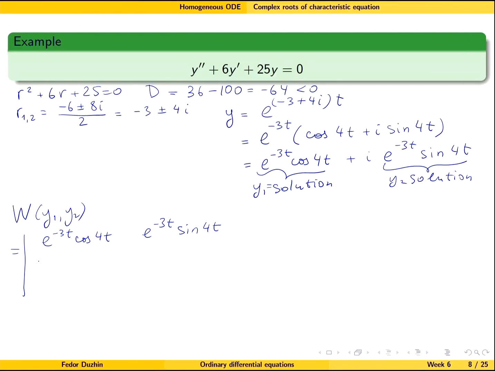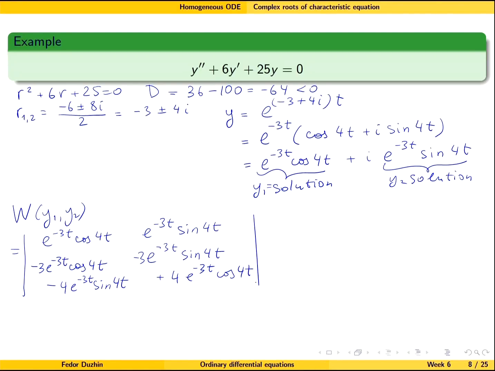The derivative of y1 is minus 3 e to the minus 3t cosine 4t minus 4 e to the minus 3t sine 4t. Now the derivative of y2 is minus 3 e to the minus 3t sine 4t plus 4 e to the minus 3t cosine 4t.